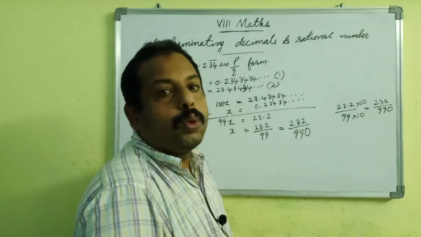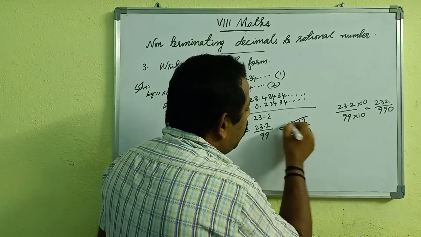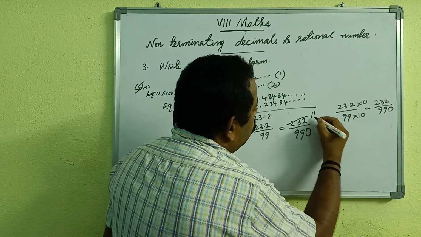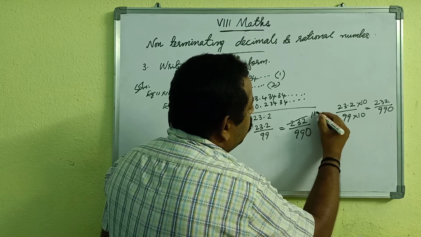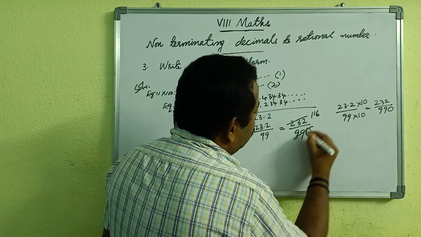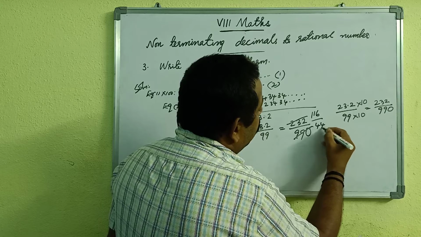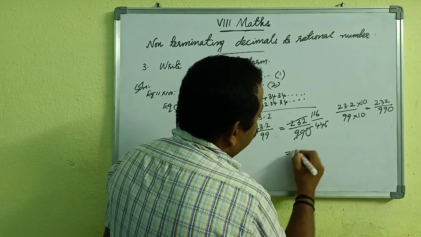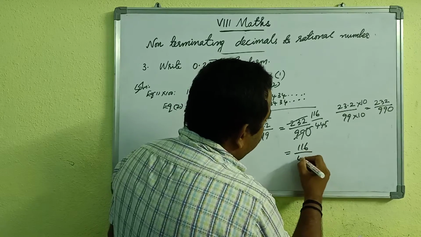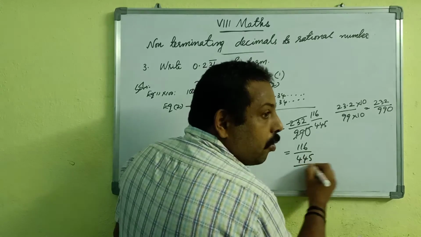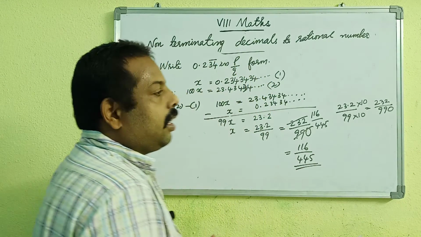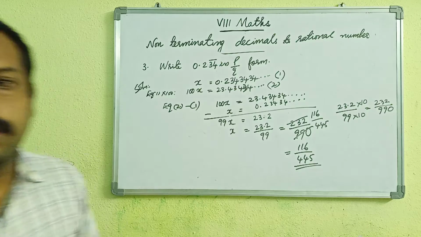Let us divide by 2. 2 ones are 2, 2 ones are 2, remaining 1, 12, 6 times. Divided by 2, 495. So finally we get 116 by 495 as the answer. So note it down.